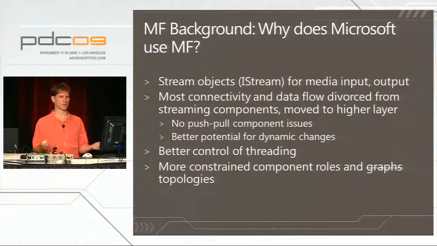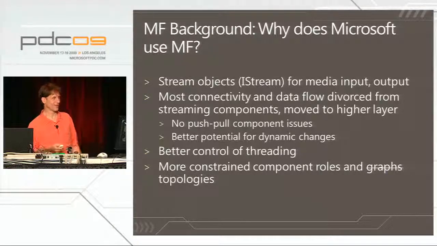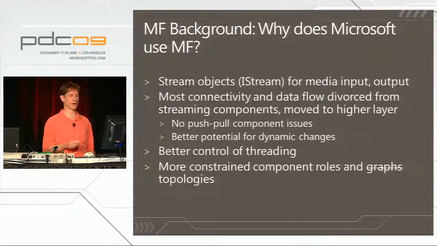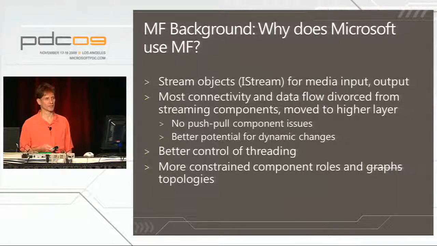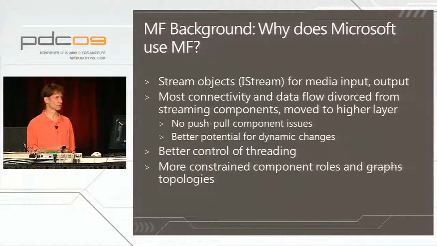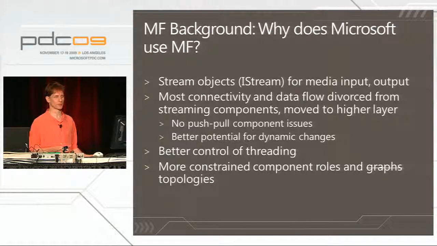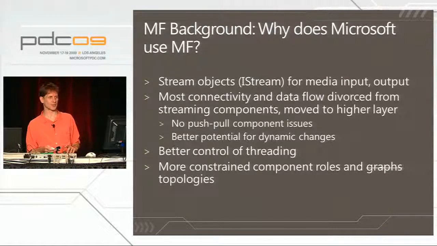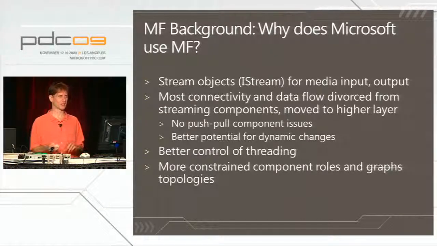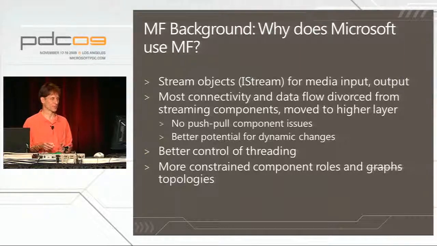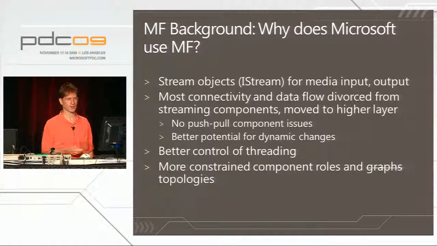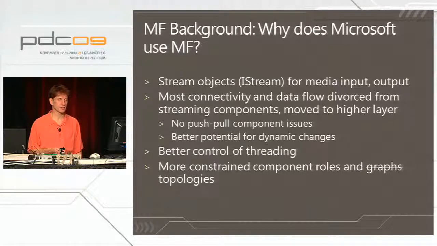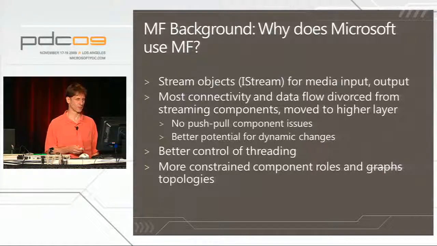So what you see, or don't see, directly in your graph for Media Foundation is an actual source and sink in the way you're used to in DShow. What you see is a media source that truly maps to a DShow demux, and a media sink that maps to a combination, depending on whether it's file or rendering, of a mux or a traditional renderer.